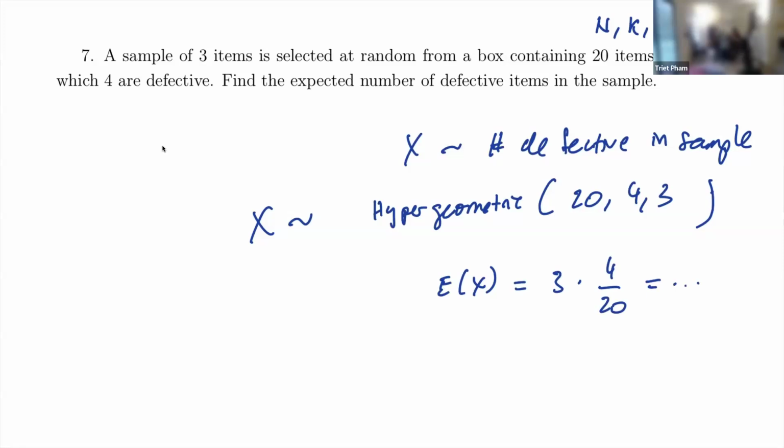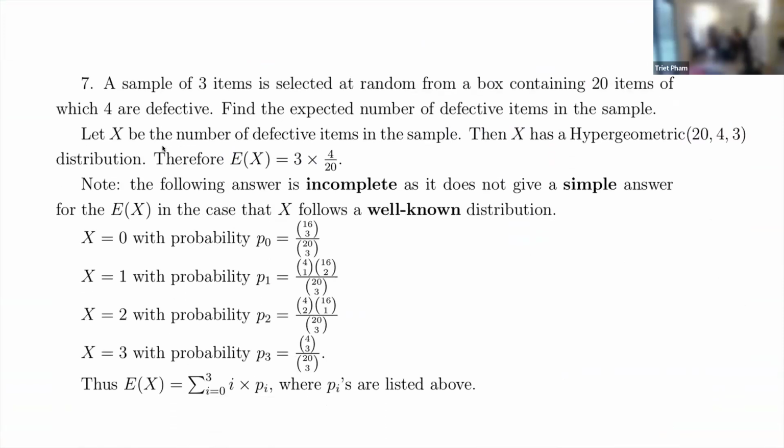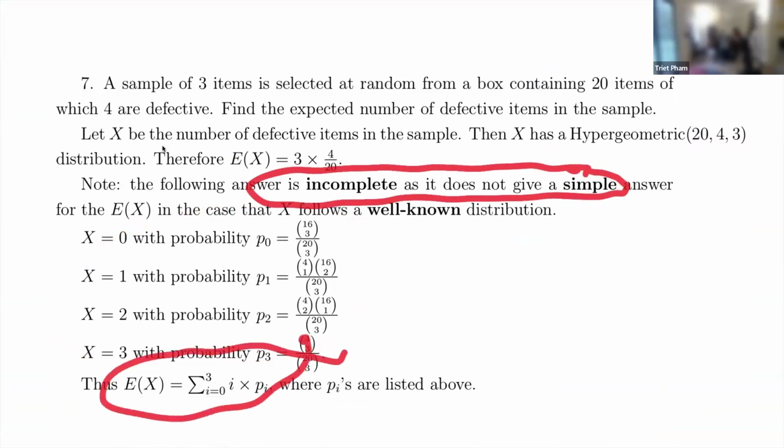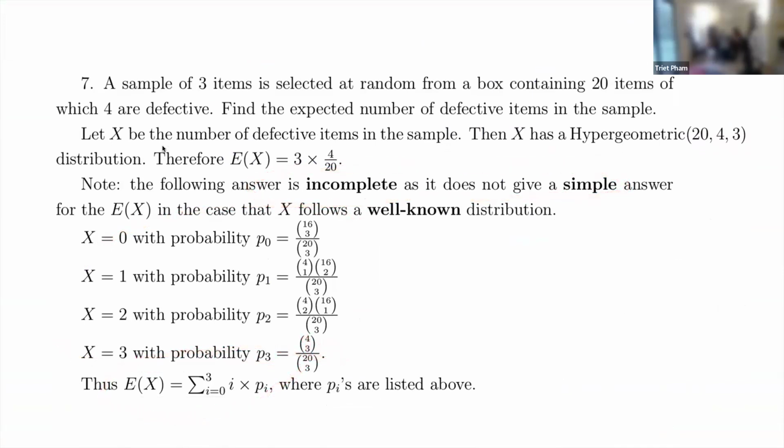Any question? So while we're at this, let me point out that, for example, let's say you give the answer like this. Then this answer is not complete, because you did not recognize that X is a hypergeometric random variable.